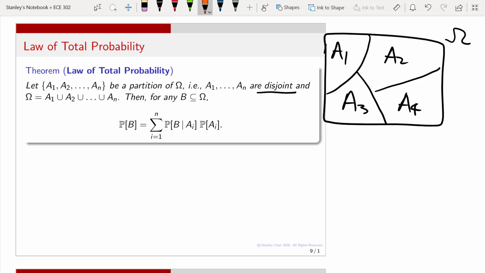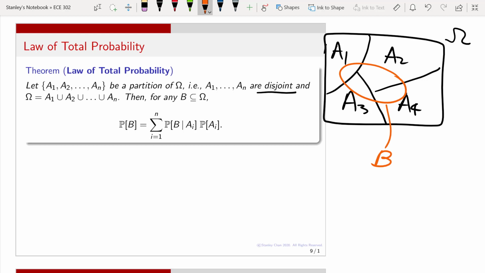The theorem says that suppose you consider an event B. Your event B can be computed by this finite sum. In this finite sum, you are summing i from 1 to n, which covers all the n partitions.